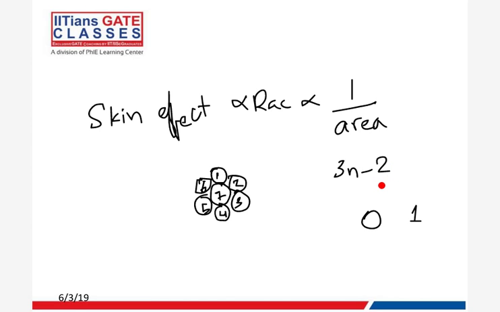It's not 3n minus 1. Give me a second, let me just confirm this. Or is it 3n plus 1? It's 3n plus 1. I'll confirm this thing. This one I have to confirm.